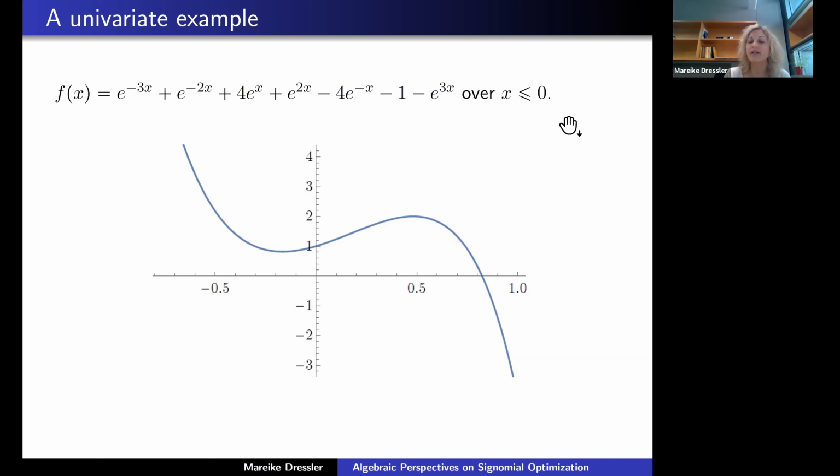And we want to check if it is non-negative to the left of the y-axis, so if x is smaller or equal to 0, so here. And clearly, just by looking at this graph, it's evidently non-negative over this set. And we can use the methods here to find the decomposition.